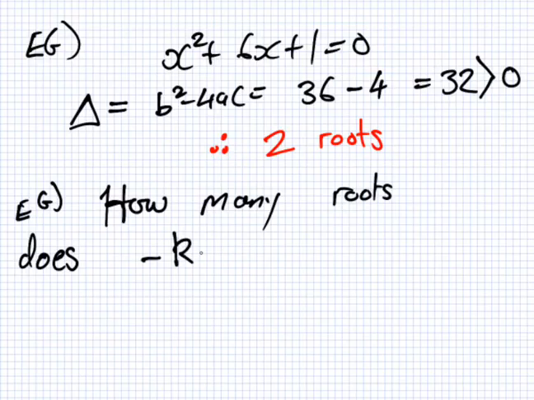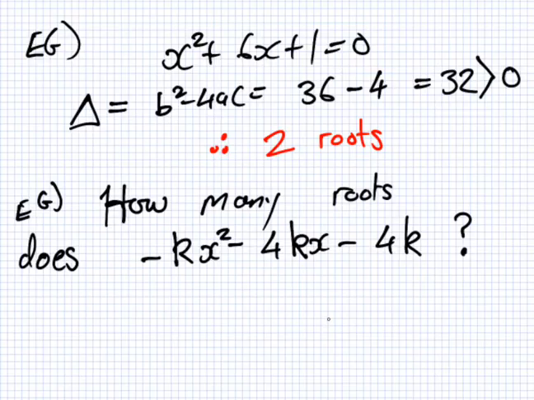So here you say, therefore it has 2 roots. So that's just the basic idea, okay? We're not trying to find the roots. We just want to know how many roots there are.